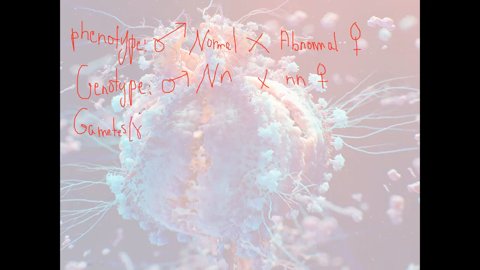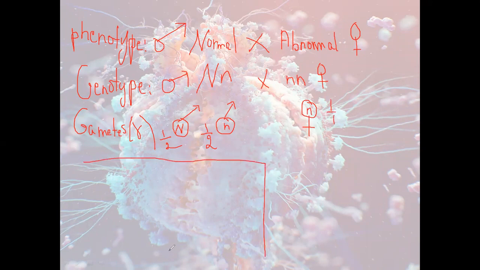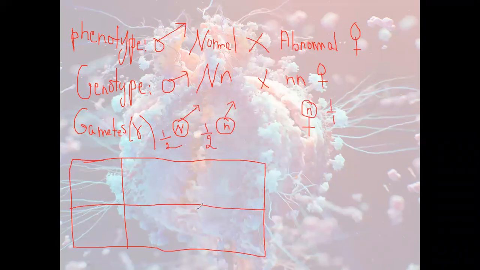Moving now to the gametes, symbol gamma. Here we have two different gametes in the male, N capital and n small. N capital is 1/2, and n small is 1/2. However, in the female, you have only one type of gametes, which is n small, 1 over 1, or you can say only 1. Moving now to the table of cross, sure, in pencil and ruler. You have to divide it into male and female.